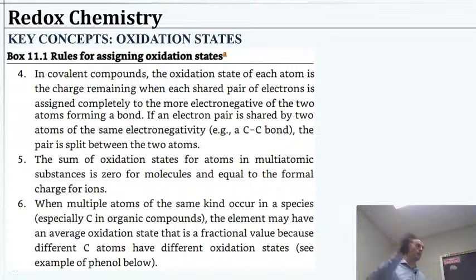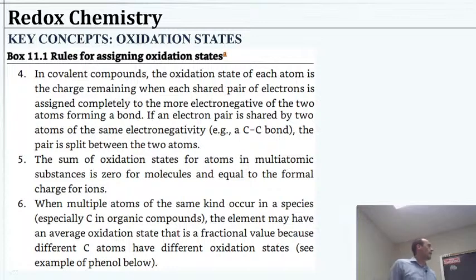So when we were thinking about nitrate and nitrite, we said oxygen is going to be the one taking all the electrons. So we assign all the electrons that we can to those oxygens, and then what remains is the resulting oxidation state. If an electron pair is shared by two atoms of the same electronegativity, let's say a carbon-carbon bond, we just split it between the two.